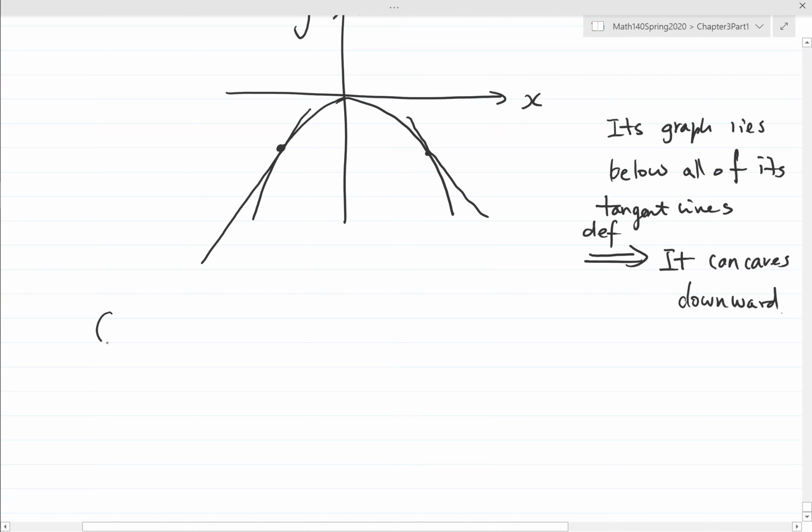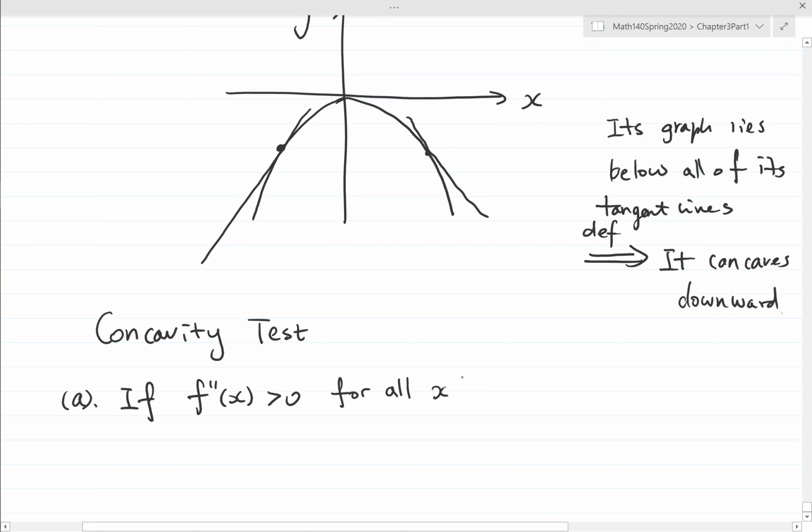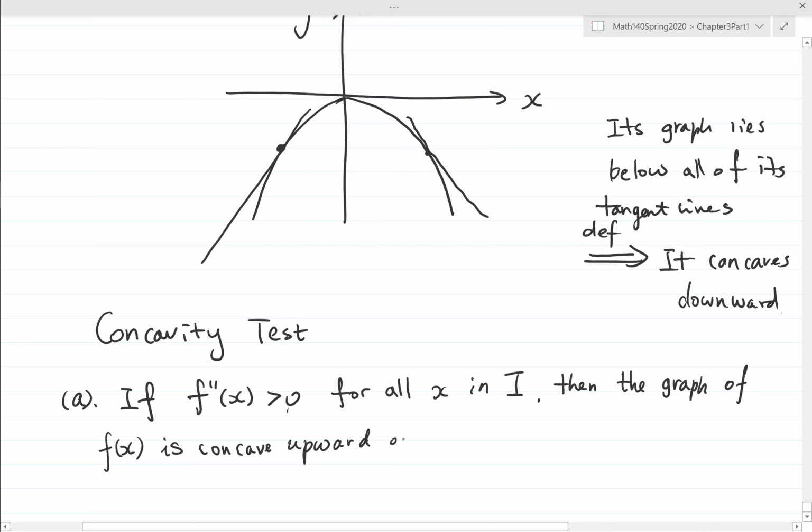The concavity test says the following: part A, if the second derivative f''(x) is positive for all x on an interval I, then the graph of f is concave upward on the interval I.